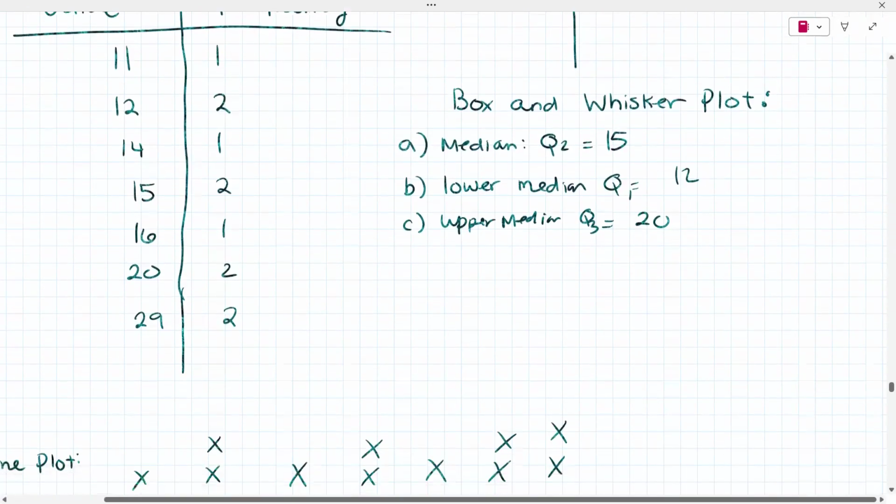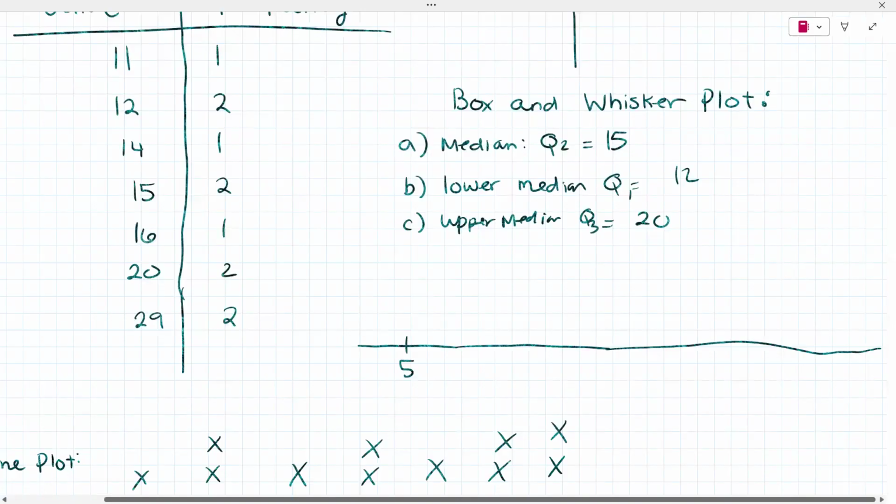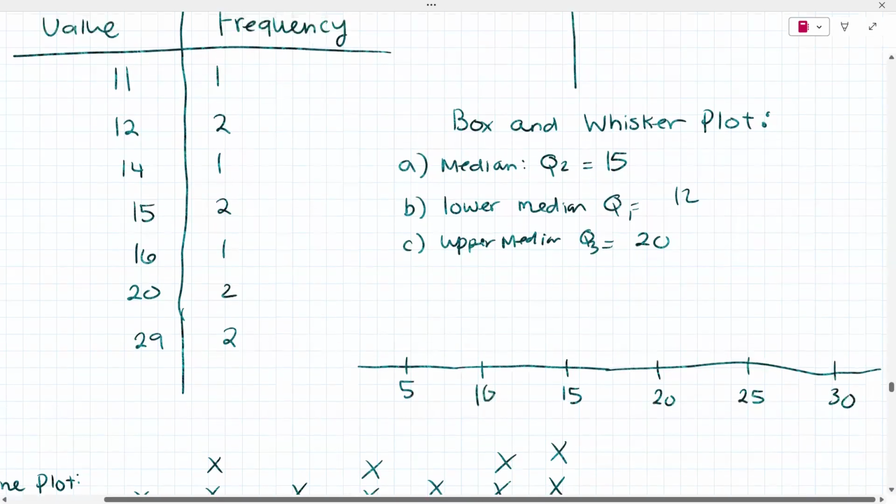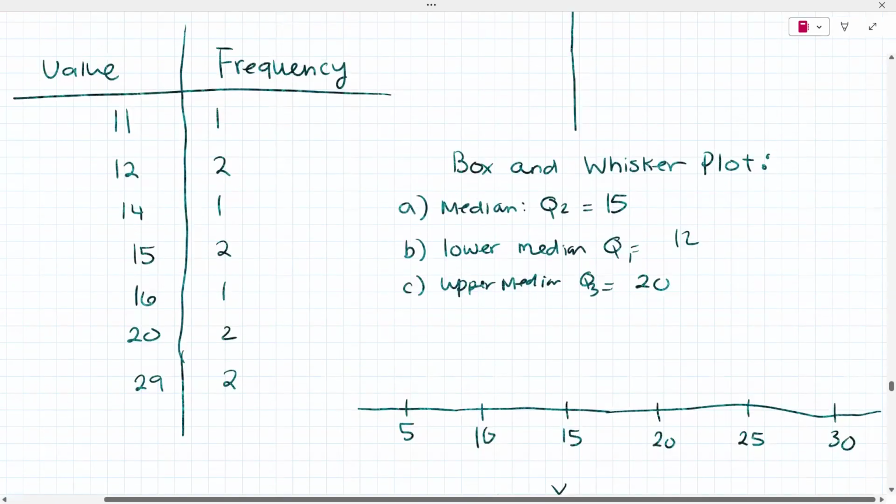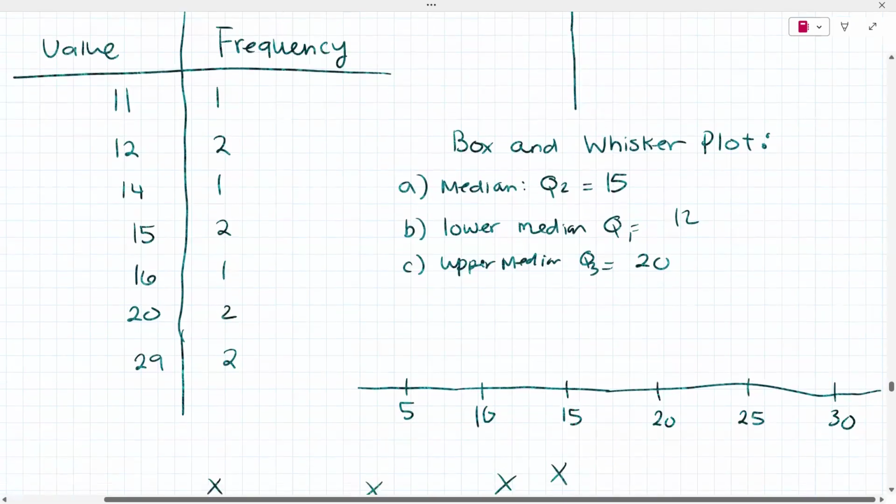Okay, so now let's create our box and whiskers. Let's go by fives. So this would be 5, 10, 15, 20, 25, 30. Here's 11.